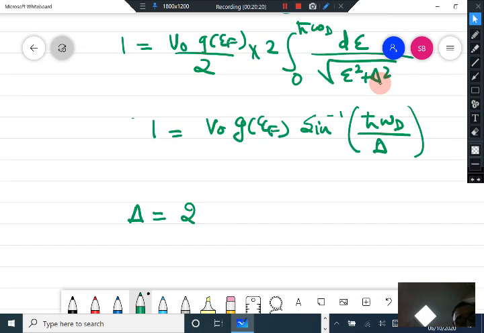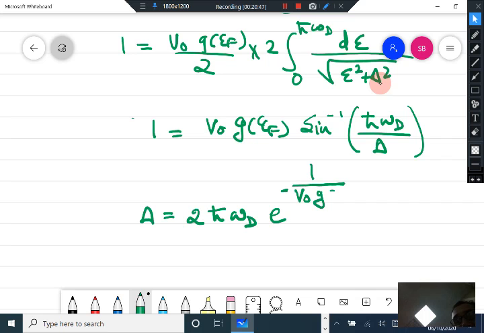Wait, let me write it clearly. If you just manipulate this expression, you can show that delta is equal to twice h cross omega d e raised to minus 1 over V naught into g of EF.